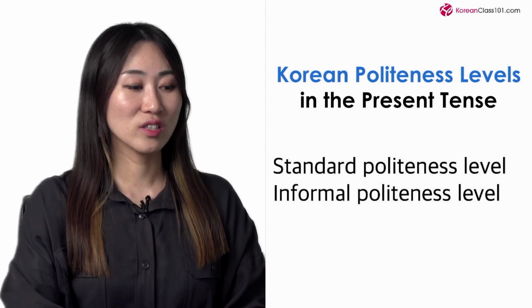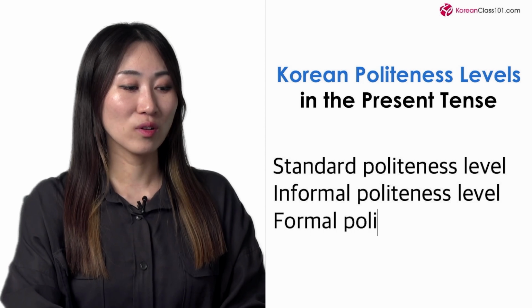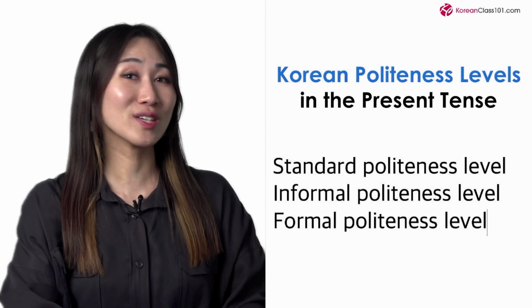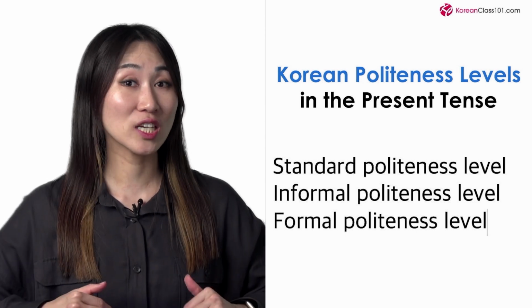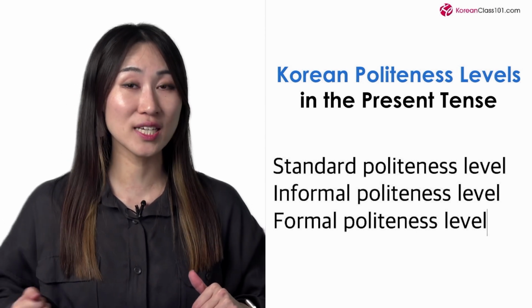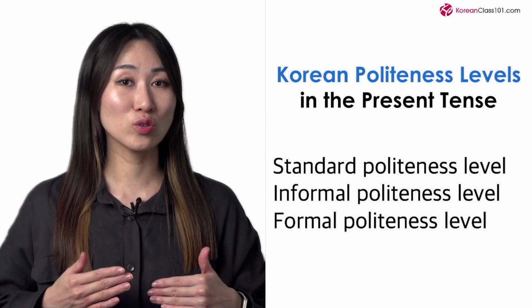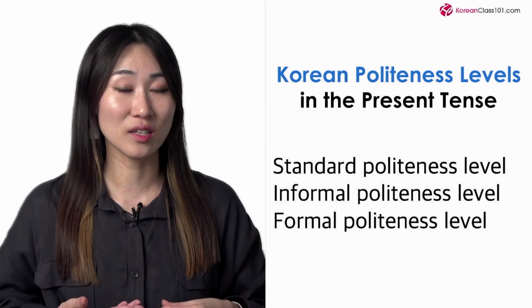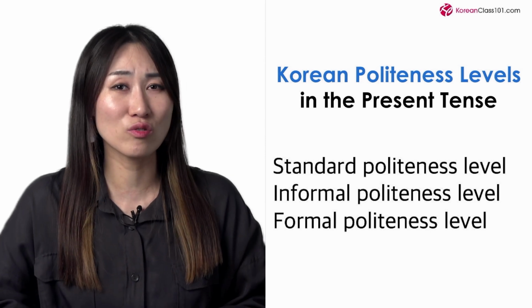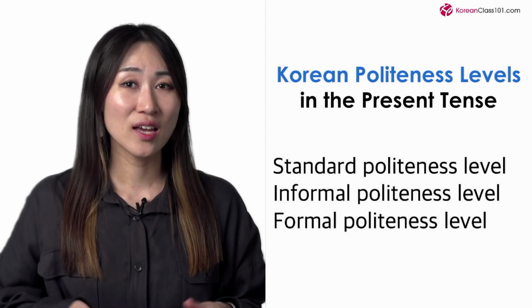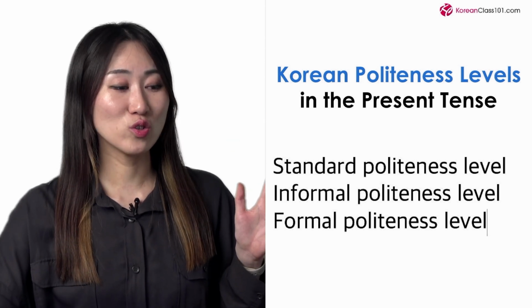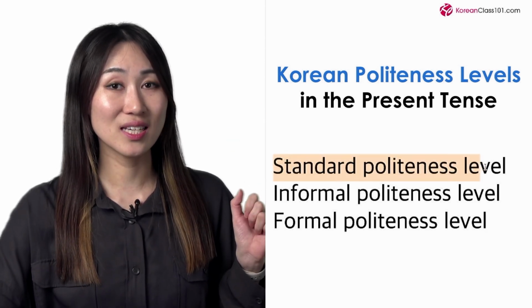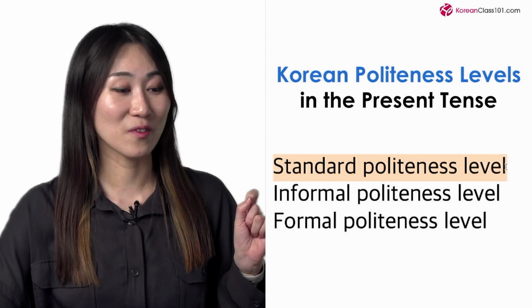And the other one is the formal politeness level. As you can guess, it's a formal level. So you can use it in business situations, at the workplace, or when you talk to someone formally, maybe to your professors or when you are giving a presentation. For this, I recommend you study the standard politeness level first.